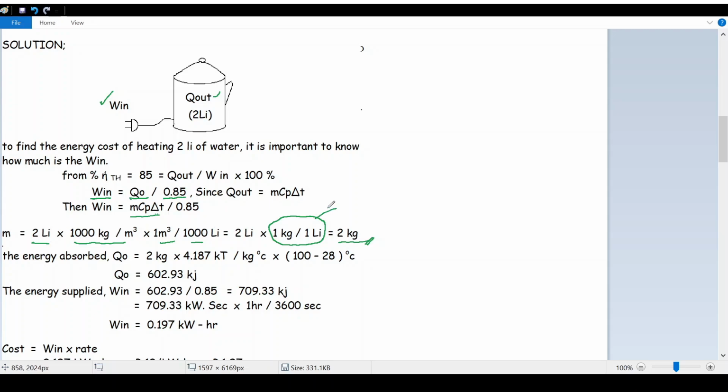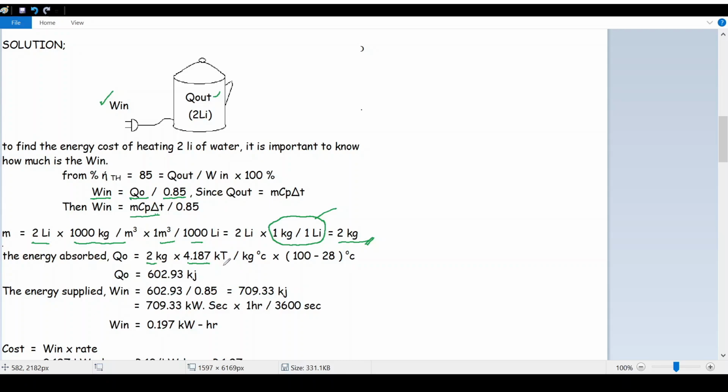We can use this mass density of water, which is 1 kilogram per liter. Then, knowing the mass, we use a Cp of 4.187 kilojoules per kilogram degree Celsius.